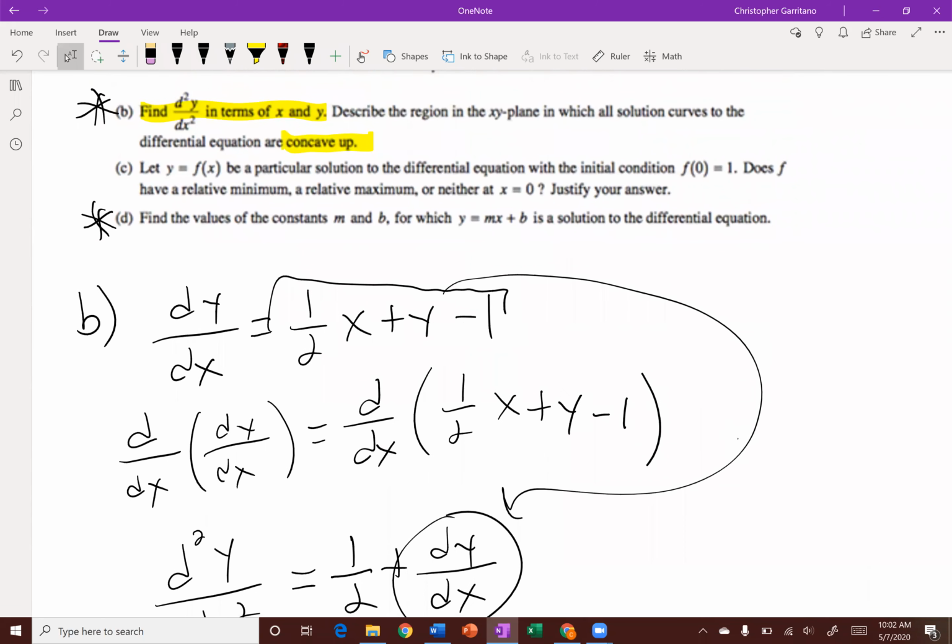So part D asks, find the values of the constants m and b for which y equals mx plus b is a solution to the differential equation. All right, this is a tricky problem because it sort of presents a situation that we're really not used to.